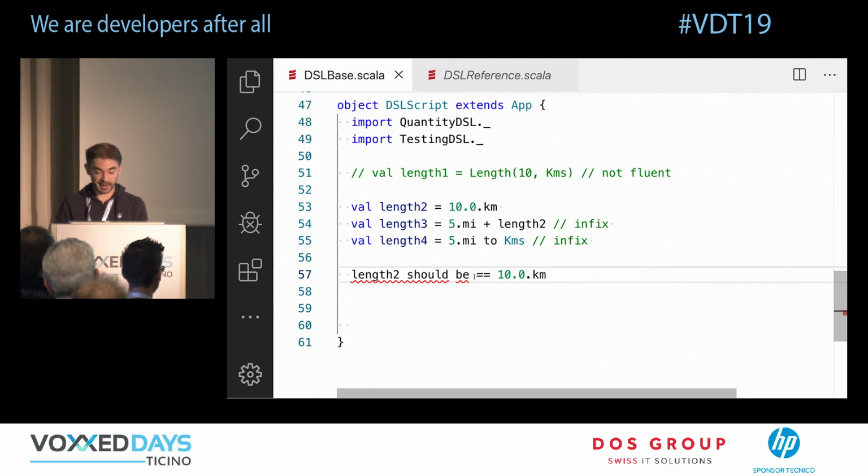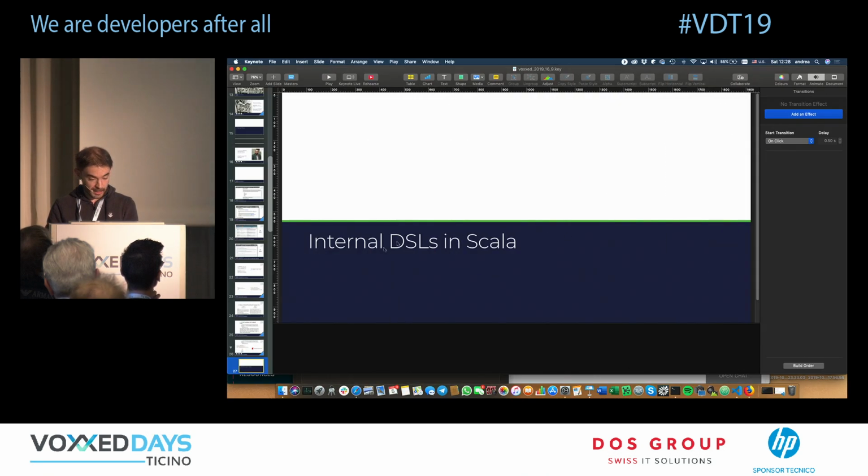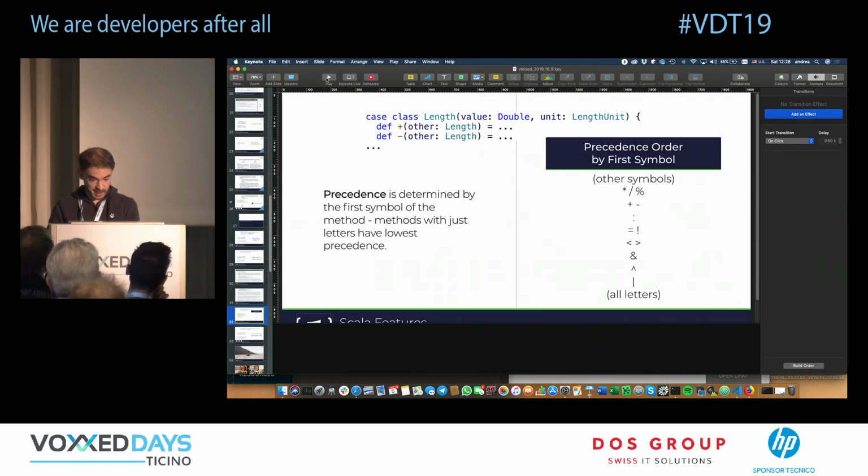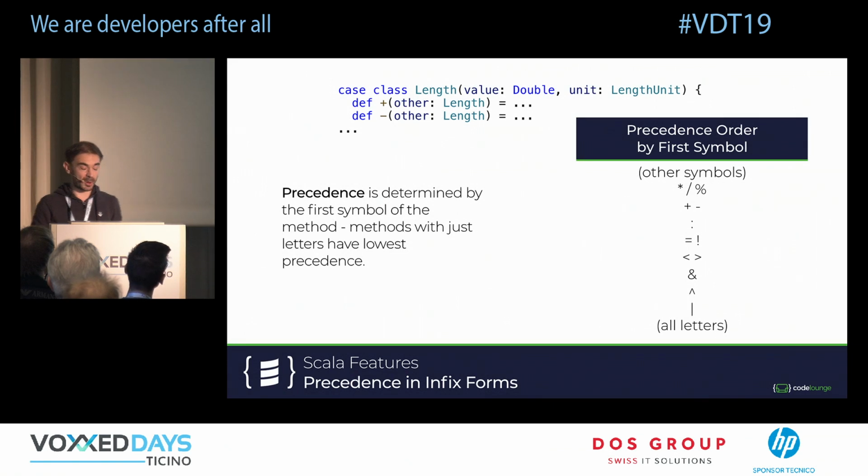And the cool thing is that whenever you have a symbolic method, it usually takes more precedence than the ones starting with letters. So in the end, this thing parses for Scala like this. Why? Well, I'm going to show you a slide, which is this one. Whenever you have infix forms, the precedence is determined by the first symbol of the method.